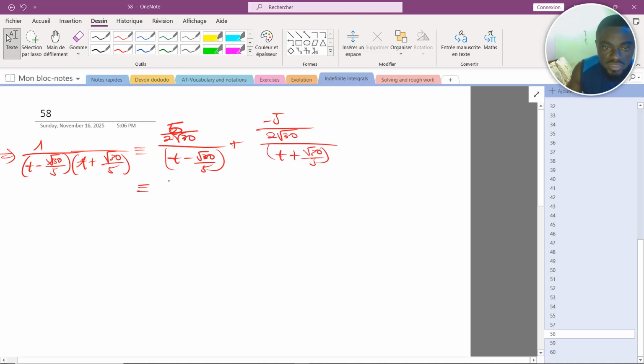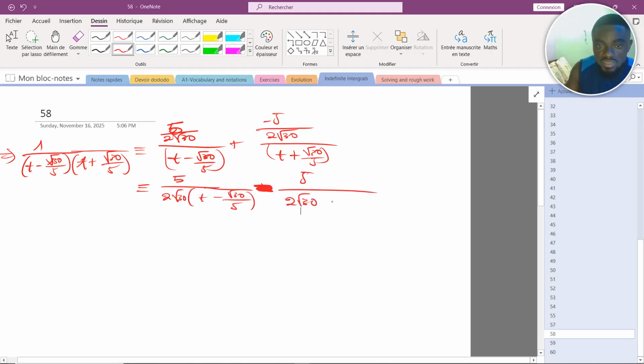So let's rearrange it. This will be identical to 5 on 2 root 30 into t minus root 30 on 5. Perfect. Minus 5 on 2 root 30 into t plus root 30 on 5.